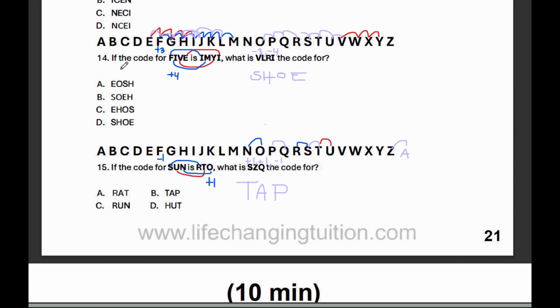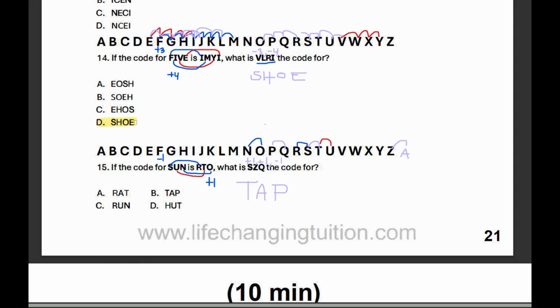Number 14. Codes. If 5, FIVE, is to IMYI, what is VLRI the code for? Your options are A, EOSH, B, SOEH, C, EHOS, D, SHOE.